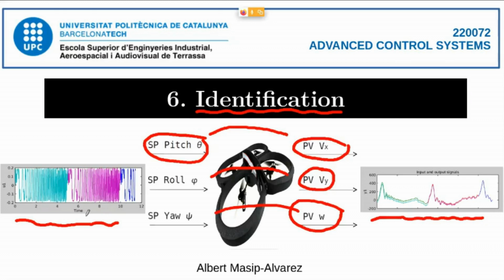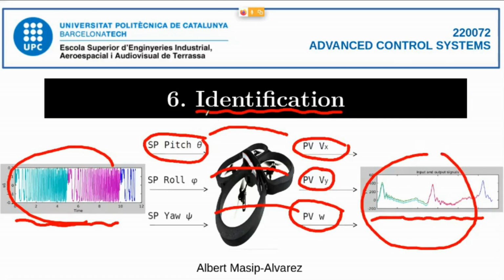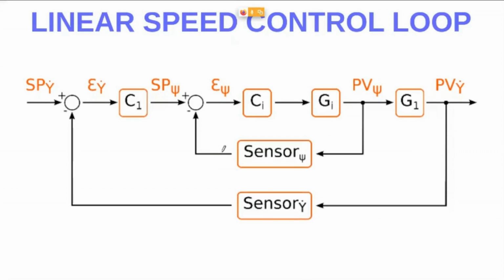We have experimental data. When you find a model from experimental input-output data, we call it identification. So that's the aim of today's lecture: how to find the model of our system by means of experimental data.